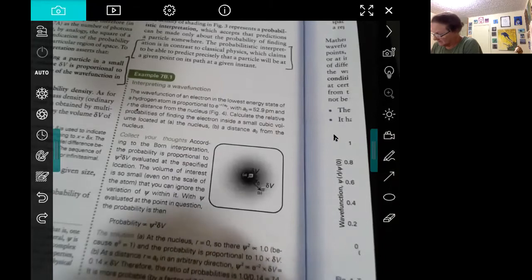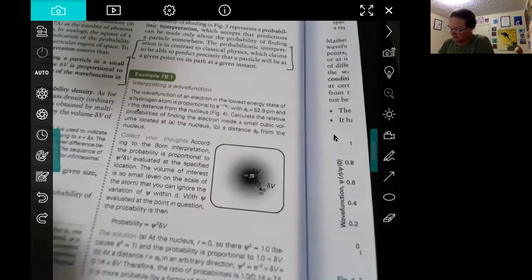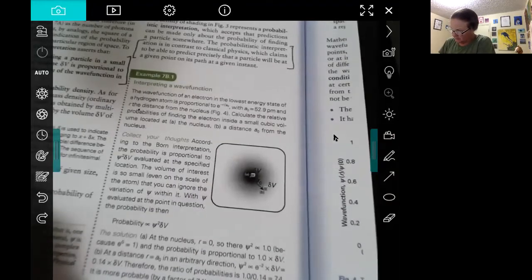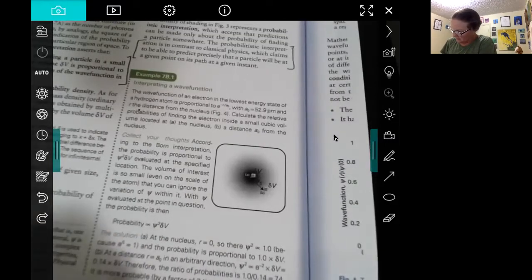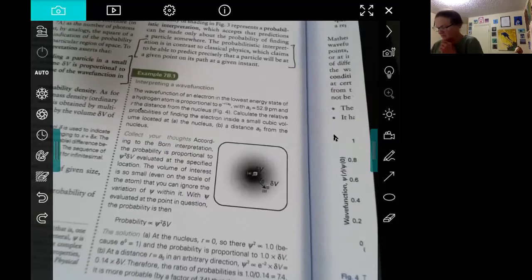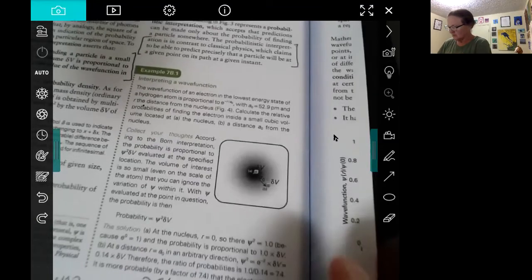So psi squared equals e to the minus 2r over a0, because e to the minus r over a0 times e to the minus r over a0 is equal to e to the minus 2r over a0.